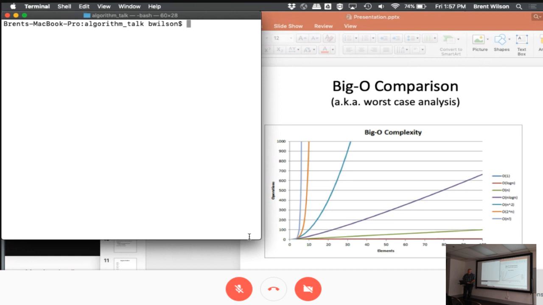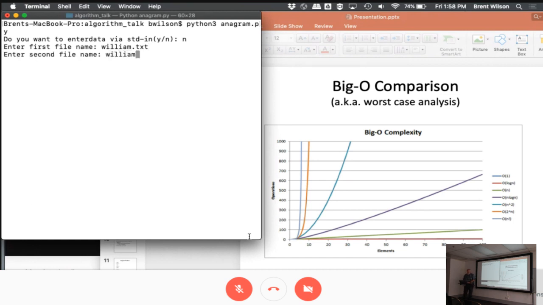And how about the following? This is the entire works of William Shakespeare, in a single text file. It's pretty long. And William2.txt.